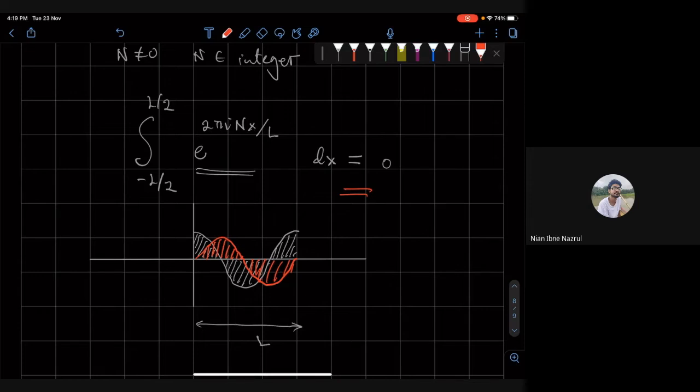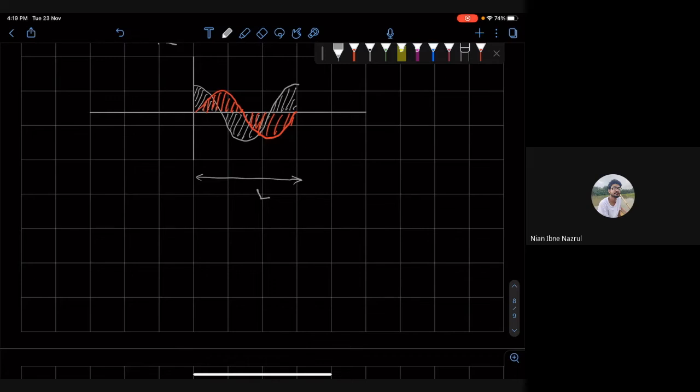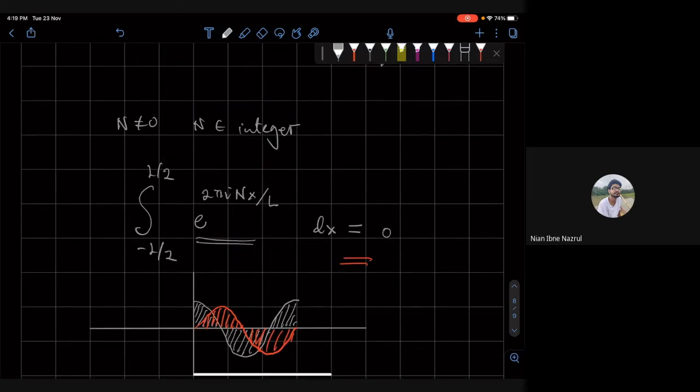So I'm not going to waste my time doing the math, but you should do it for yourself. Okay, when is this non-zero? This is non-zero when the integrand is 1. In other words, when N is 0.